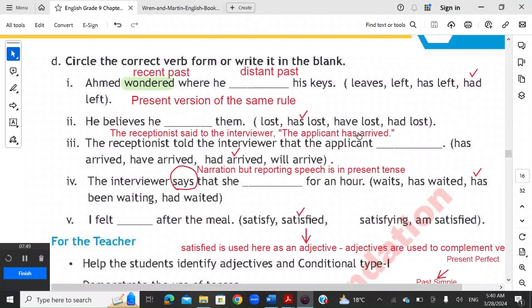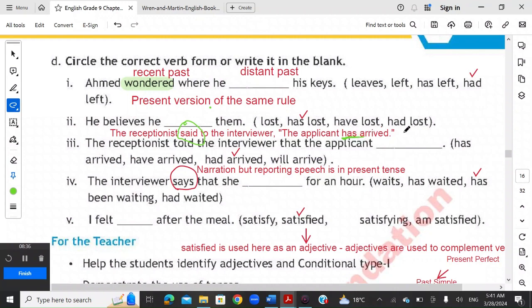Now, the rule we use in indirect narration: if the verb of reporting speech is in the past tense, let me circle it for you, then the verb of reported speech is changed.